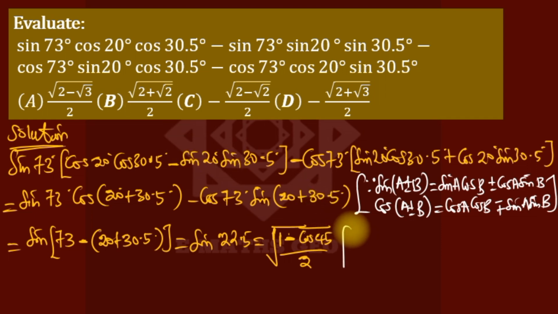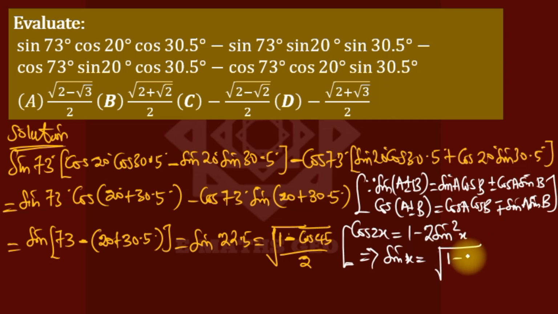I used this double angle identity for cosine, that cos 2x is equal to 1 minus 2 sine squared x. If you could remember this. So if we make sine x the subject of the formula, we have the square root of 1 minus cos 2x over 2.